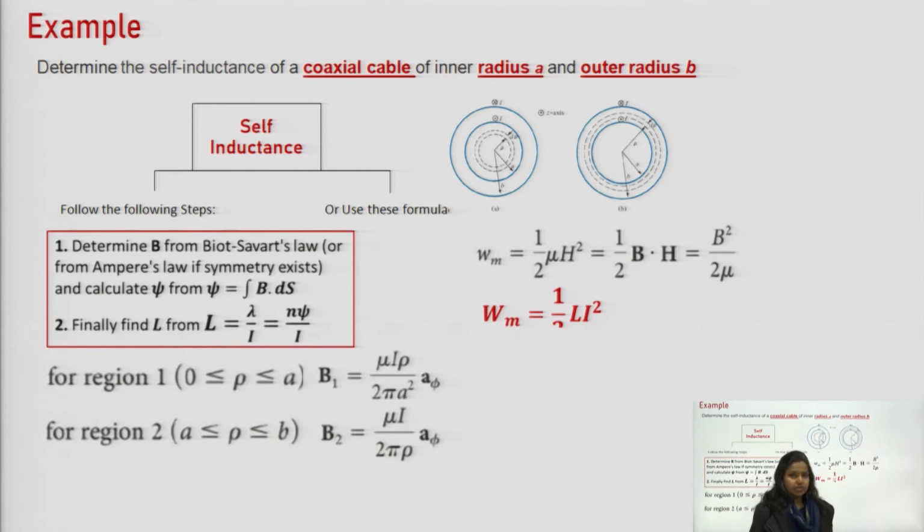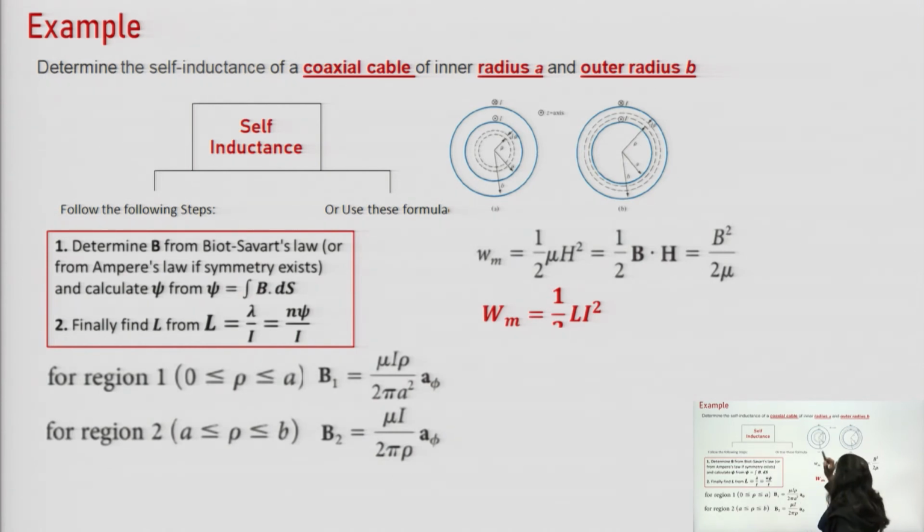Same thing is here also. As we have already derived the formula of H or B, that is magnetic field and magnetic flux density, for a coaxial cable, I will not derive it again.